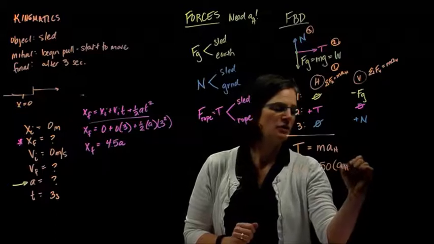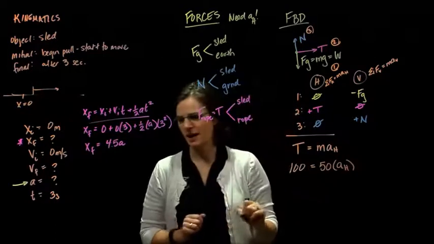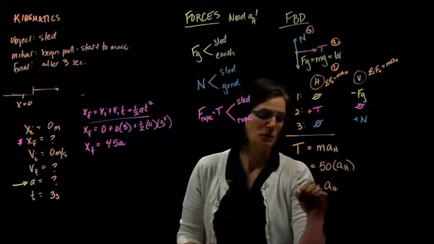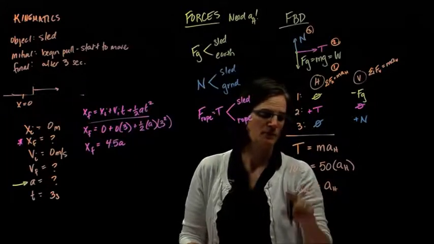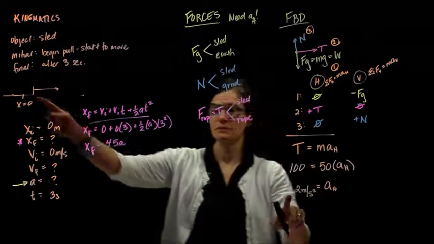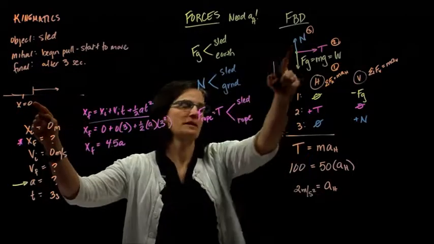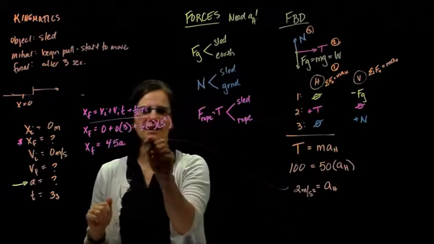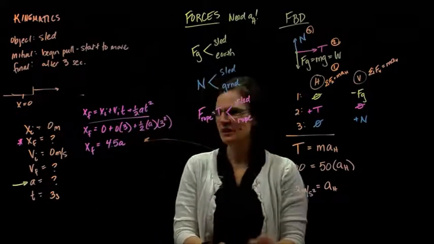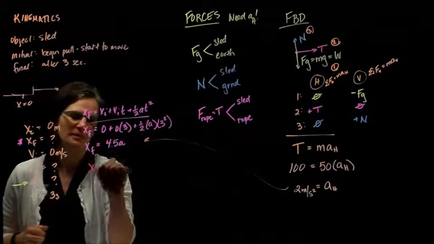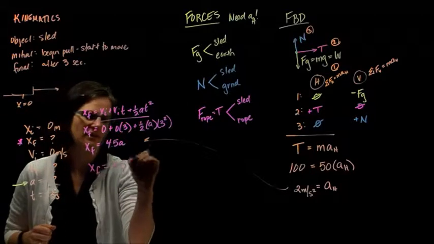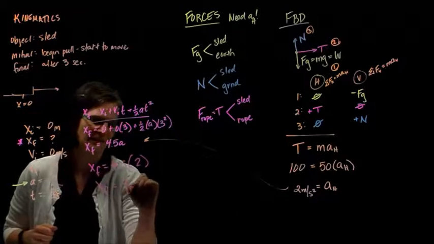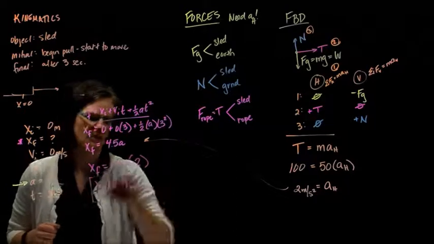So I can use that information to solve for my acceleration, and my horizontal acceleration is, of course, 2 meters per second squared. It's positive. As I've drawn the picture, net force is positive, therefore the acceleration is also positive. I can take that acceleration and pop it back over here to find my final position. So I have 4.5 times my acceleration of 2, x final is equal to 9 meters.